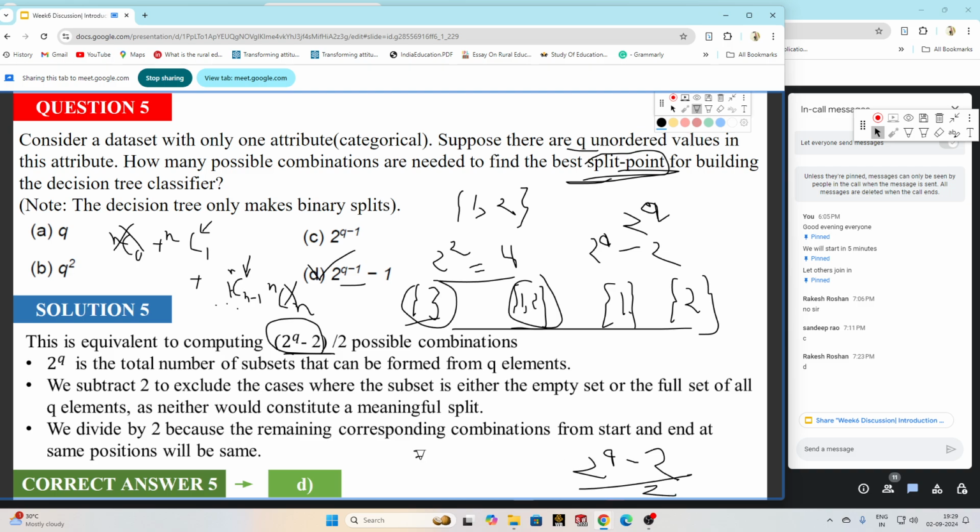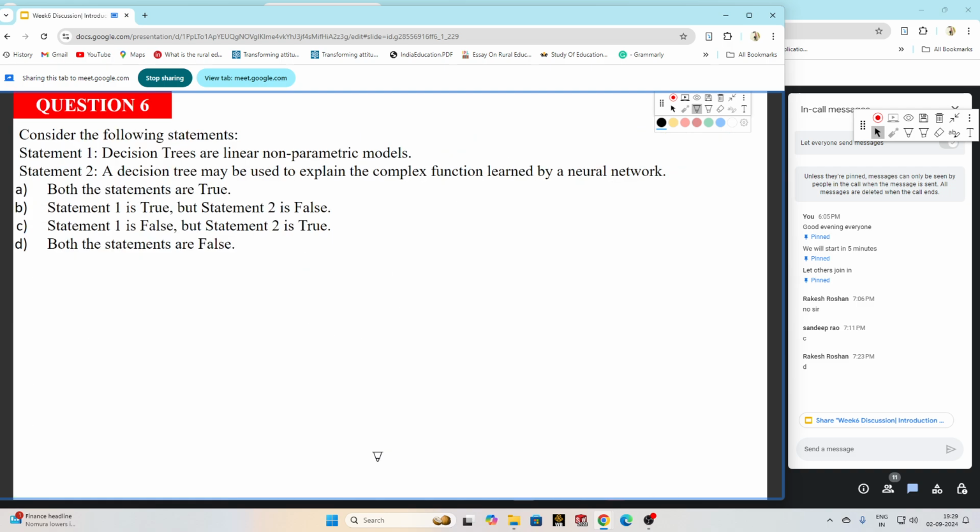Now that is 2 to the power q divided by 2 minus 2 divided by 2, right? So 2 divided by 2 is 1. This is 2 to the power (q minus 1). Okay, so your answer will be 2 to the power (q minus 1) minus 1. So option D is your correct answer.